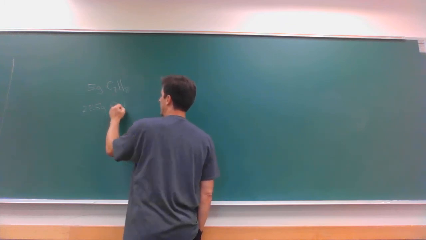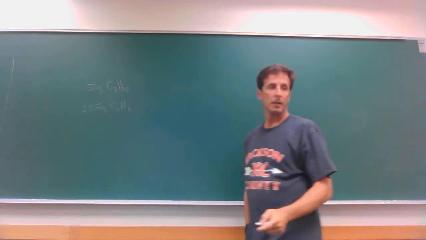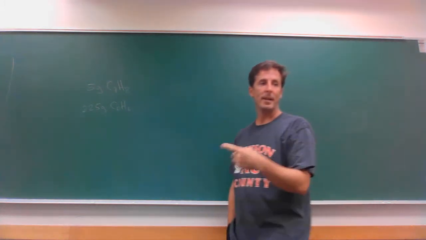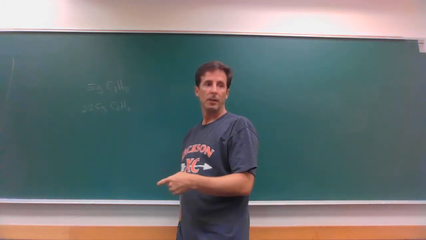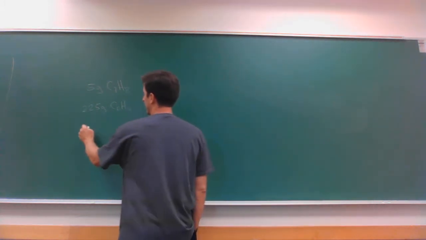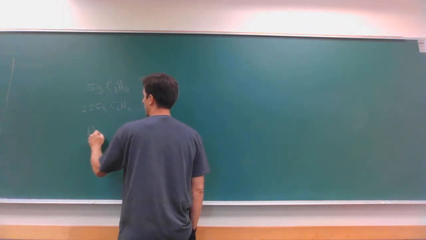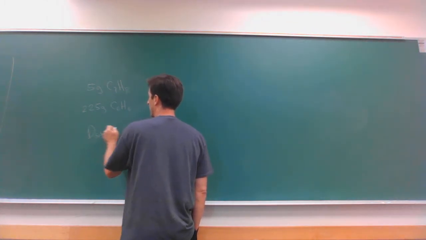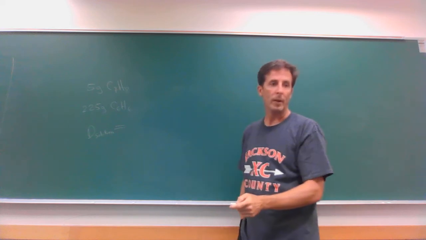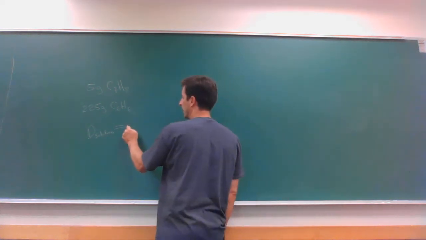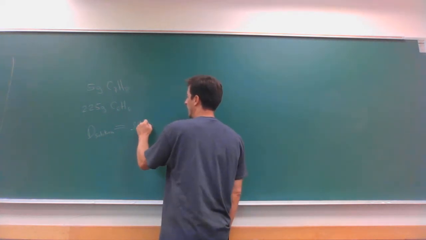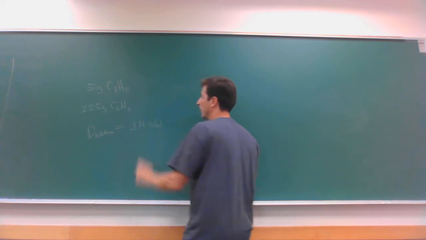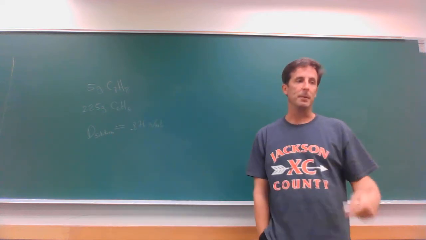Benzene is C6H6. And then the density, once I make this solution, the density is 0.876 grams per milliliter. Okay, so that's the information that's been given.